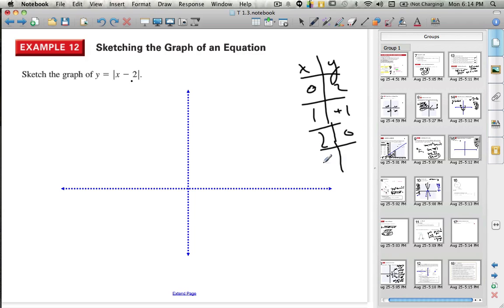But if you think about what's going to happen as I move forward, I'm going to do 3. And so let's plot these points. I have 0, 2. Here's 0, 1, 2. And I have 1, 1. And then I have 2, 0. And what's going to happen next is it's going to start going back up.